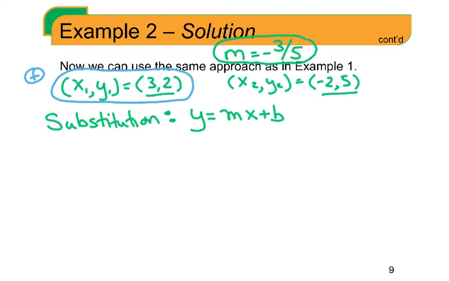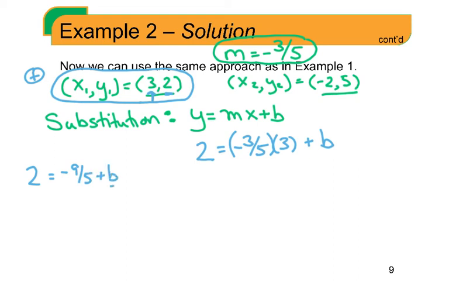So plug in y for y, 2. That's what y equals m, -3/5 times what? X. Plus b, which is our unknown. So 2 equals -9/5 plus b.